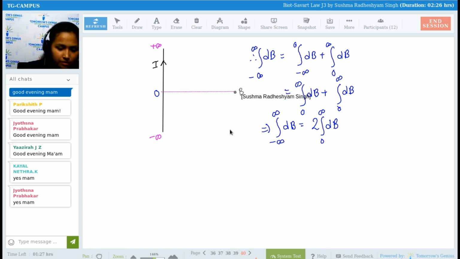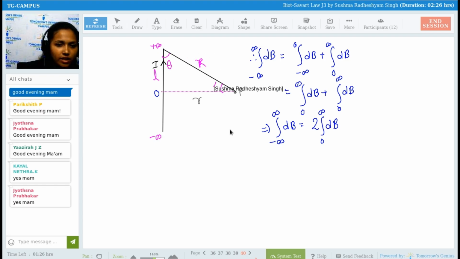Now we find the magnetic field at a point here. This is the R distance. Let's say this is R and this is your length. So this is your angle, which is theta.